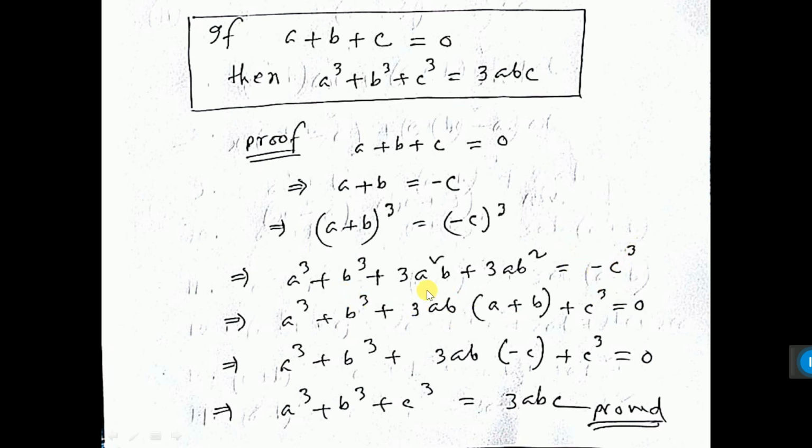Now next line you see, I have taken 3ab common, so it becomes (a + b), and in place of (a + b) I put here minus c. Now next line you see a cube, b cube and c cube I brought here, and minus into minus, plus, 3abc I have taken to the right hand side. So the proof has come that a cube plus b cube plus c cube is equal to 3abc.